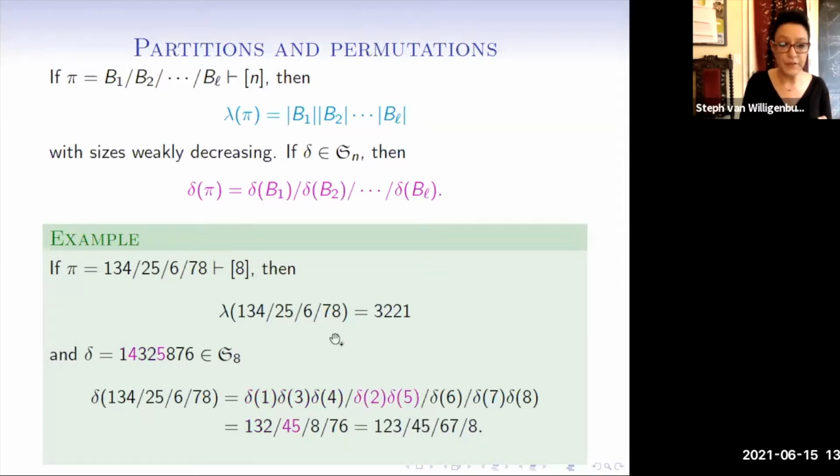Then 2 goes to 4, and 5 goes to 5, giving us 4, 5. 6 goes to 8, giving us 8. And then 7 goes to 7, and 8 goes to 6, giving us 7, 6. And then if we tidy up our set partition so that each of the blocks increases left to right, and order them by least element in each block, we get 123 | 45 | 68 | 67.